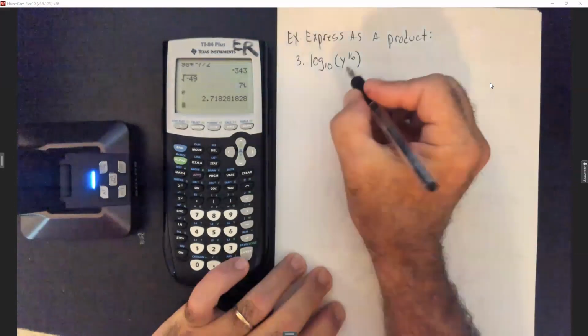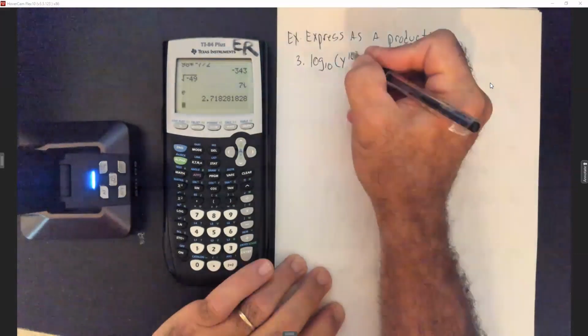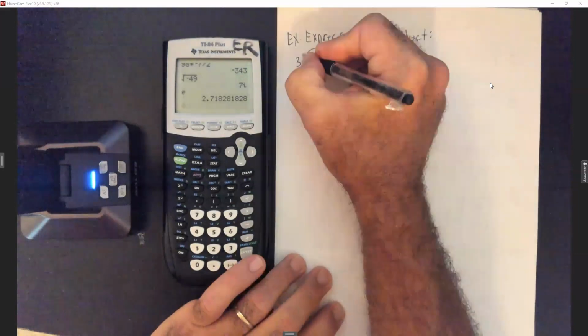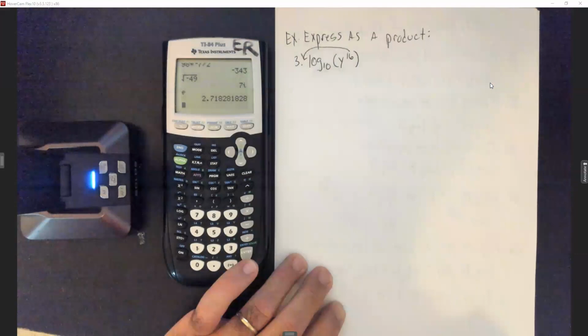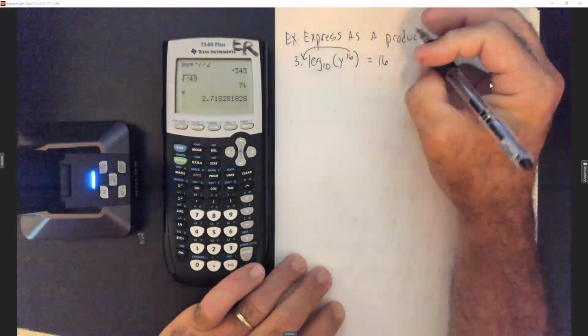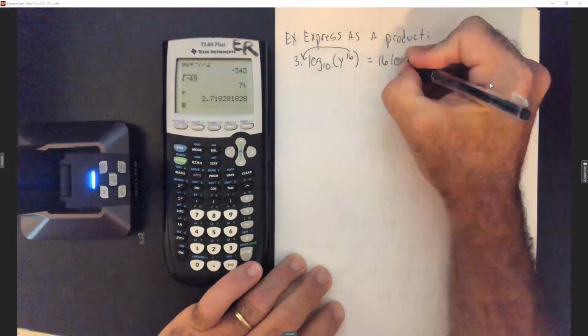But remember, to rewrite it as a product, I got to take this exponent 16 and bring it down to the front so that this gives me 16 times log base 10 of y.